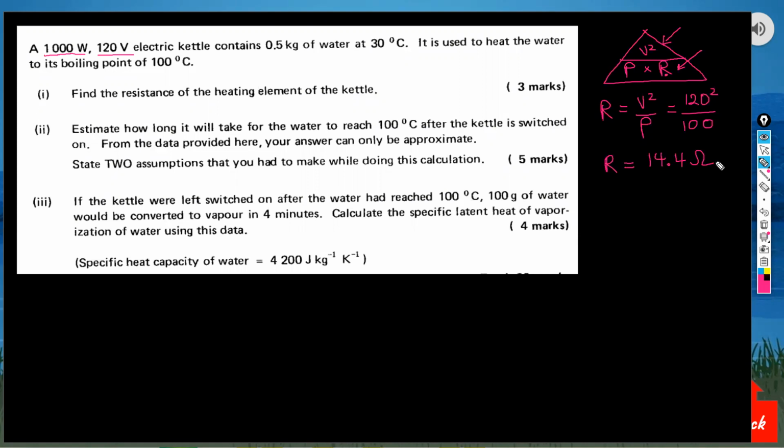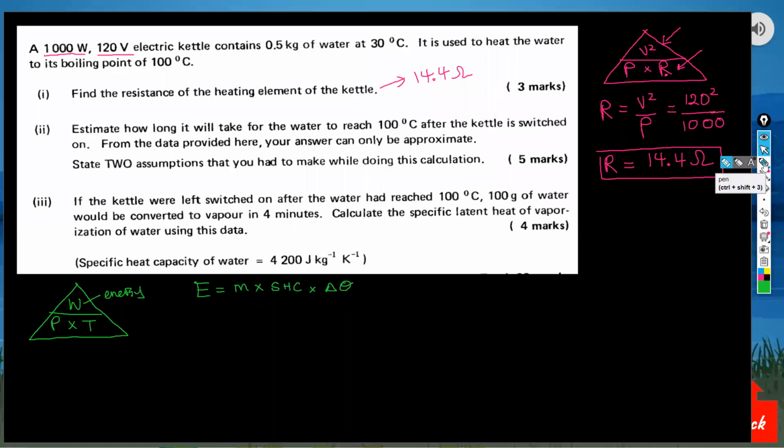A lot of people had 5.56 for some reason. I tried to figure out what's causing that error. Sorry, I wrote 100, but I did divide it by 1,000 on my calculator. So the resistance is 14.4 ohms. I'll give you some more time for part 2.